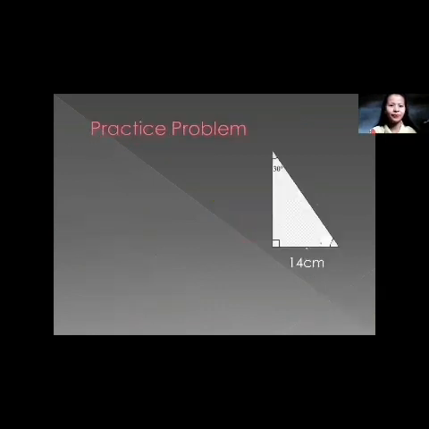Okay, let's proceed. So I have here a practice problem. Given a right triangle whose angles measure 30 degrees and 90 degrees, with the missing measure of the third angle. So, what is the value of the unknown angle? Yes, class, you will answer it, and let us see if your answers are correct.